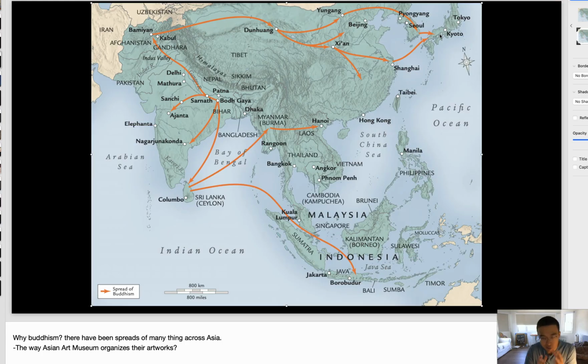So here I offer one expedient device for you to make sense of the structure of our new textbook, so that you don't get lost so easily in our course of Asian art.